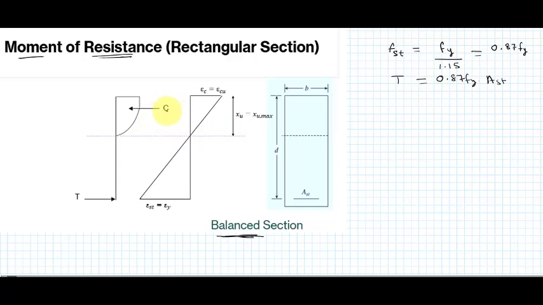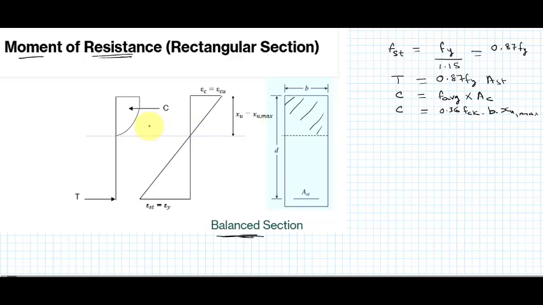Let us see the compression force. Now what is compression force? Compression force is the average stress of the stress block into the area of concrete in compression. This area of concrete is in compression, that is b into xu max, and we know the average stress is how much? It is 0.36 fck. So the compressive force is 0.36 fck into b into xu.